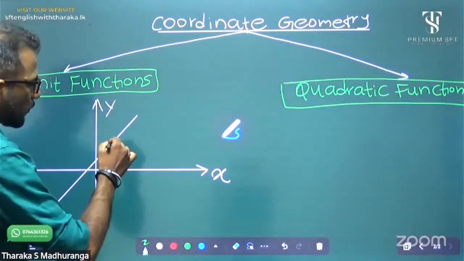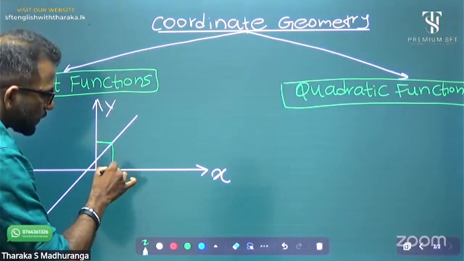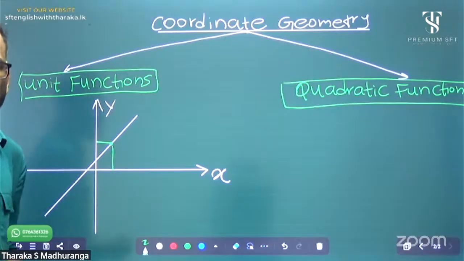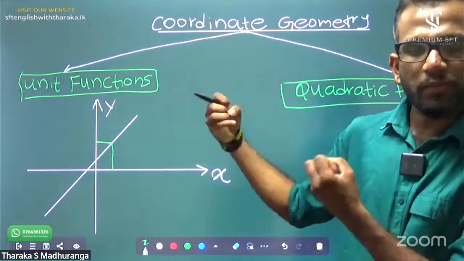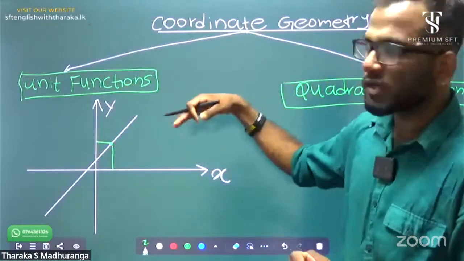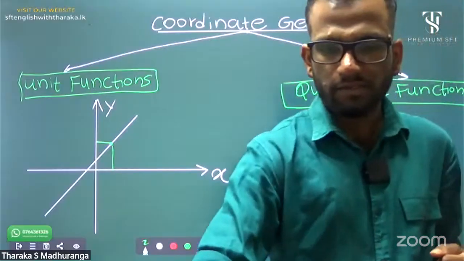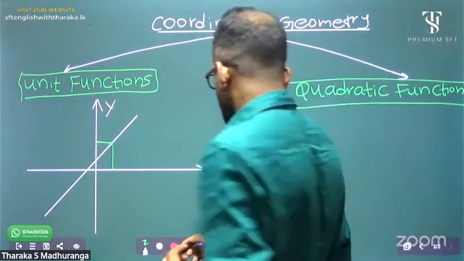If you have any point on this straight line, the relationship between x and y is what we call coordinates. In unit functions, we mainly discuss coordinates of straight lines. Okay.